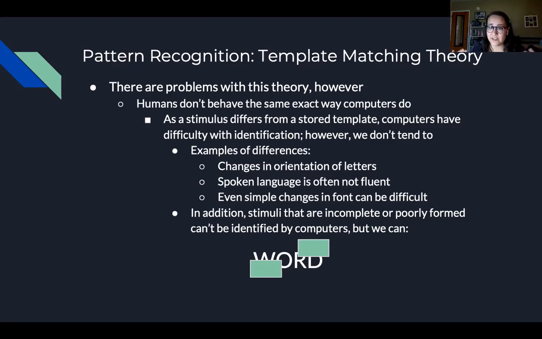Theoretically, this should be more difficult if we are trying to match the stimulus to a mental template. For example, if we change the orientation, the angle, of a letter, like a capital R, we are still able to identify that letter as an R. If it's upside down, you can look at it and say, oh, that's an R.